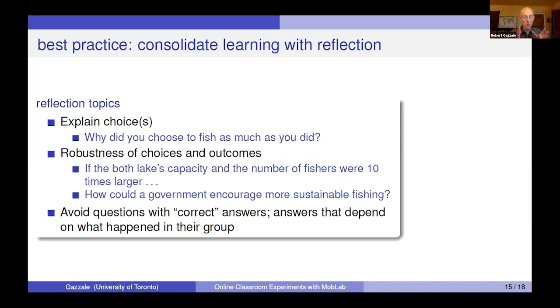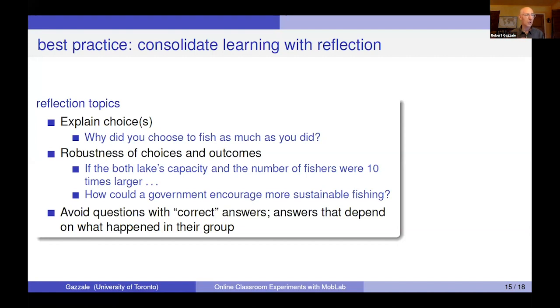So what you're going to want to think about before the experiment is how you are going to have students engage with what happened after the fact. The first thing you want to think about is what topics do I want them to think about?